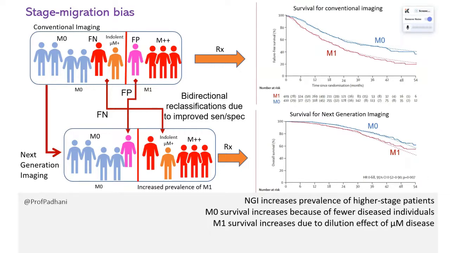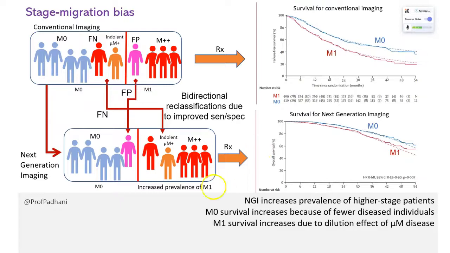Why is that? Well, if you look at the non-metastatic patients, you can see that this is now a purer group. So their survival improves from that to that. Whereas the metastatic disease patients also improve in their survival times.